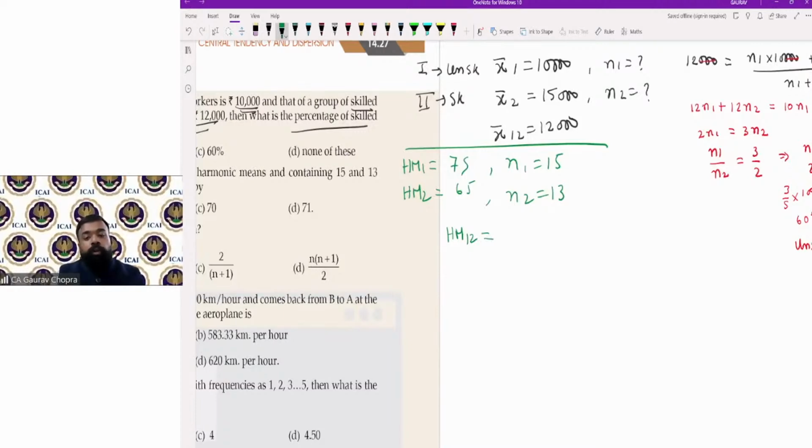So let us apply the formula, 15 plus 13 divided by 15 upon 75 plus 13 upon 65. So let's calculate. You will get your answer 70. So HM12 is equal to 70.